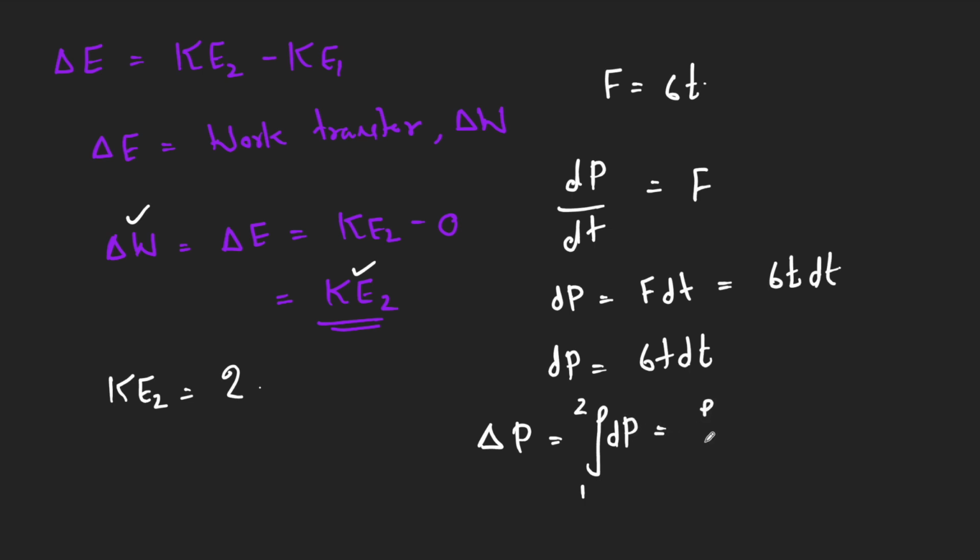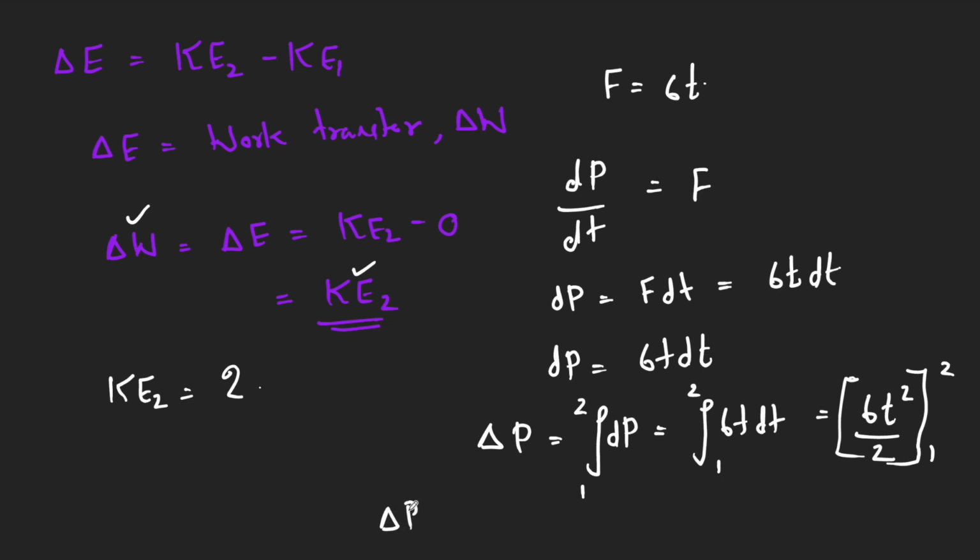That is the integral of 60 t dt from 1 to 2, which gives 60 t square by 2, so delta P is equal to 30 t square from 1 to 2.